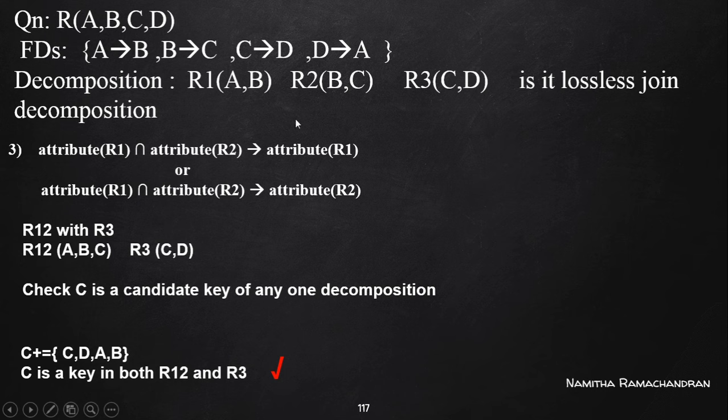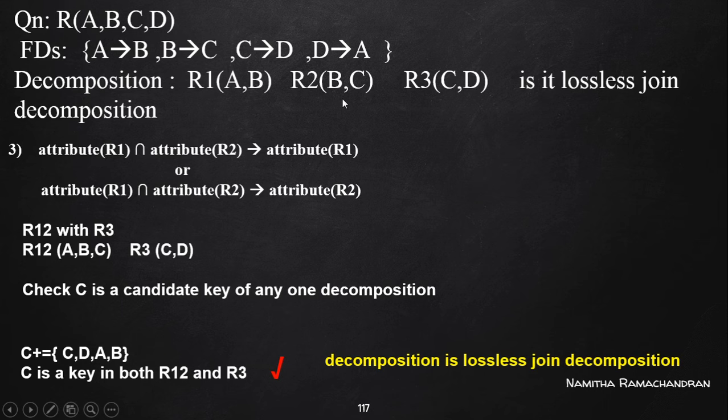Now we can finally conclude. We have no other decomposition left unchecked. So we conclude that this particular example is a lossless join decomposition. If we are given three or more decompositions, we need to check the conditions pairwise, because intersection, join operation, etc. are binary operations, meaning they work with two different inputs.